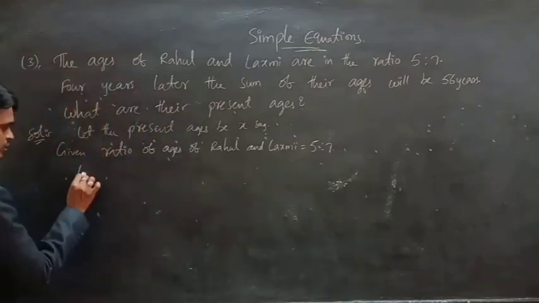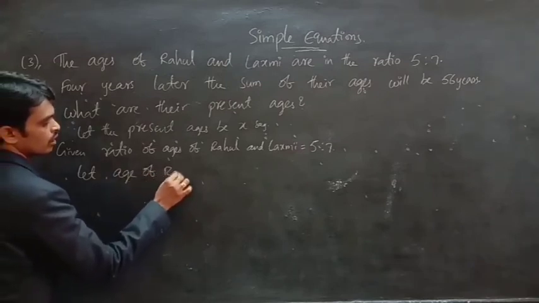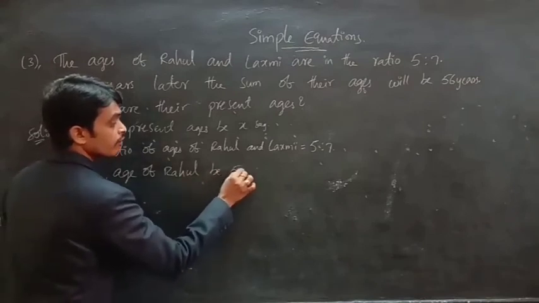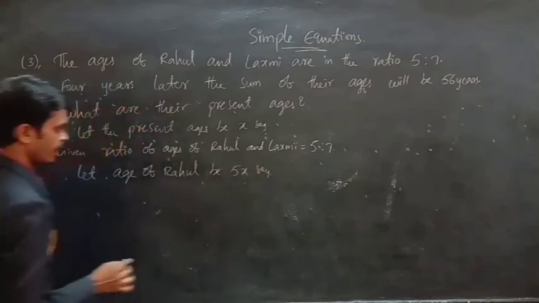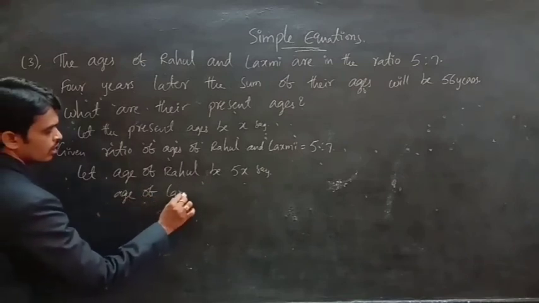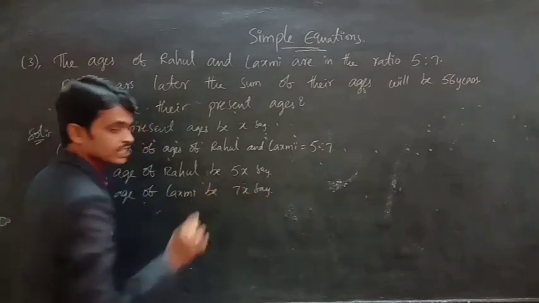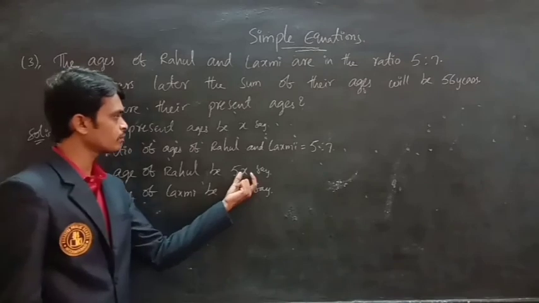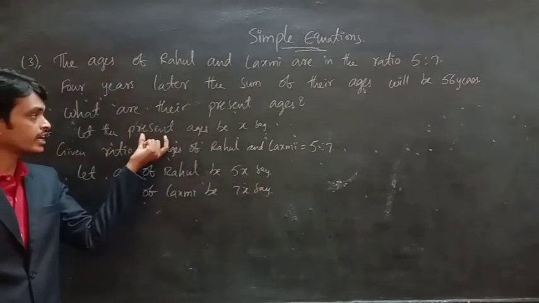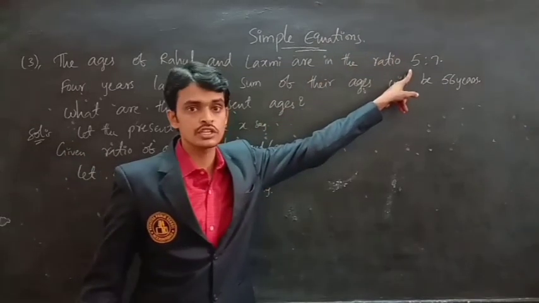So let the age of Rahul be 5x, say, and the age of Lakshmi be 7x, say. So by taking the unknown variable x, that x is what we took as the present age. By taking the present age, we have to multiply into their ratios.